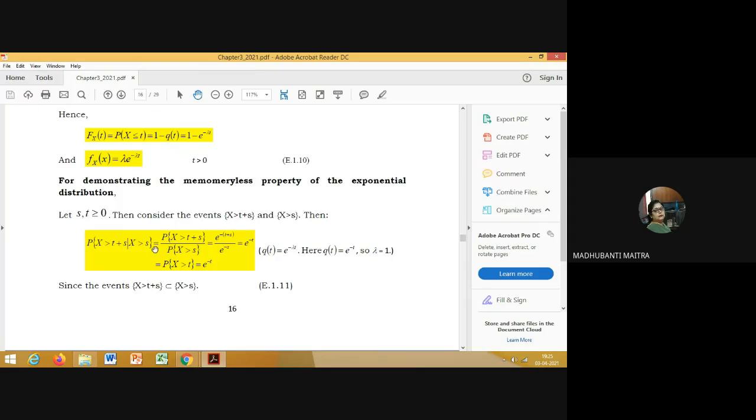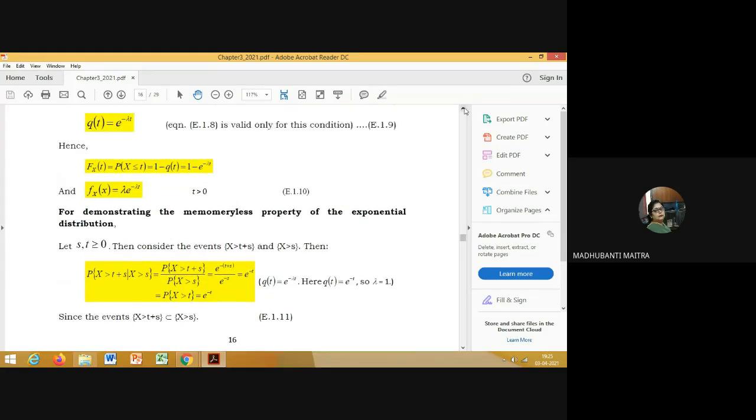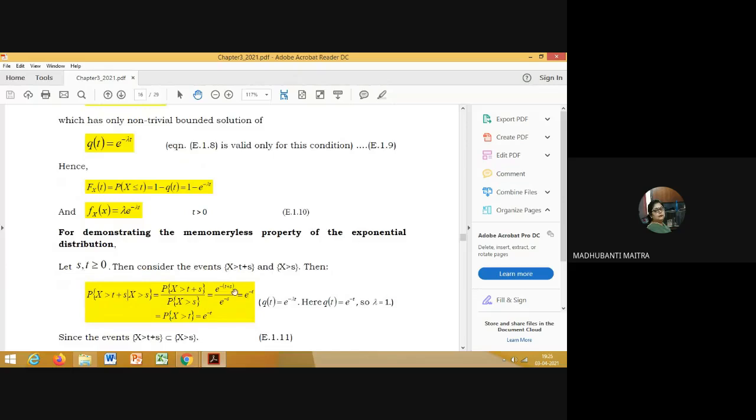So this conditional probability will be equal to the probability X greater than t plus s divided by the probability X greater than s, right? As per definition, we have already computed this, as we are waiting for the first event. So the numerator will be q(t plus s), and the denominator will be q(s). So the numerator will be e to the power minus (t plus s), and in the denominator we'll have e to the power minus s.